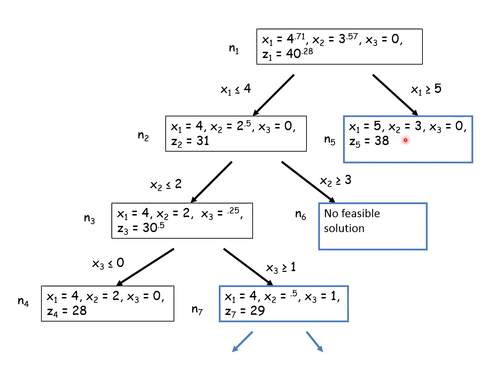Actually, this is the optimal solution because it's right after the relaxed problem. Branches here will never be better than this, because the z-value is going to be less than 29 going down this way. So the optimal solution to this problem is x1 equal to 5, x2 equal to 3, and x3 equal to 0, and the z-value is 38.